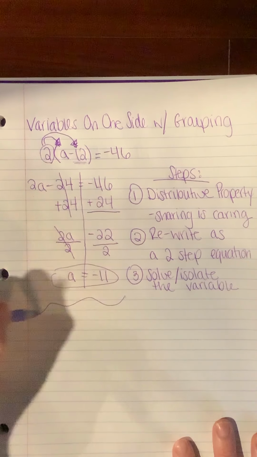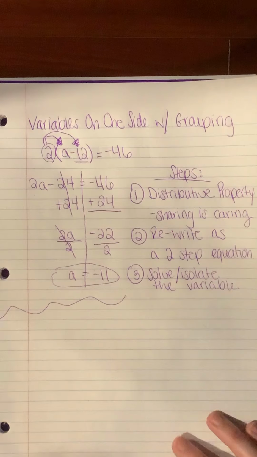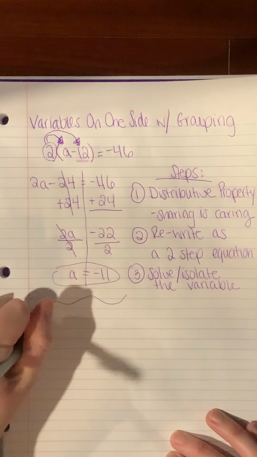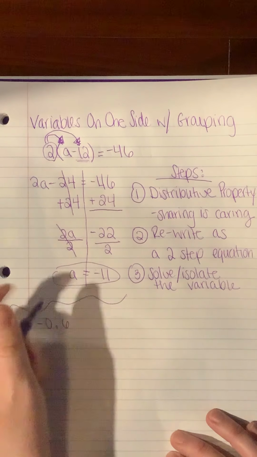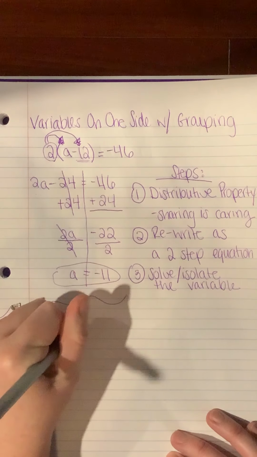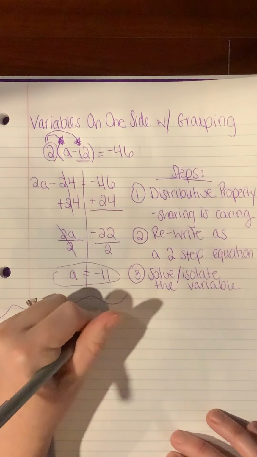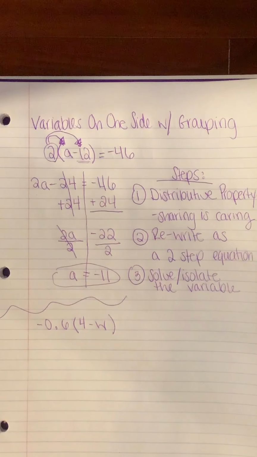Or another one. What if we have a decimal outside? And not only did I include a decimal, I included a negative symbol. So make sure, guys, that we're reviewing our integer rules that you learned in 7th grade, and you also have a calculator, so make sure you use it to plug in those negatives.